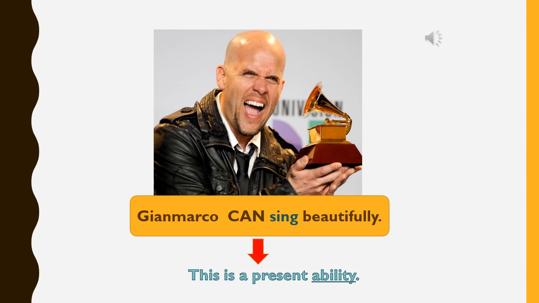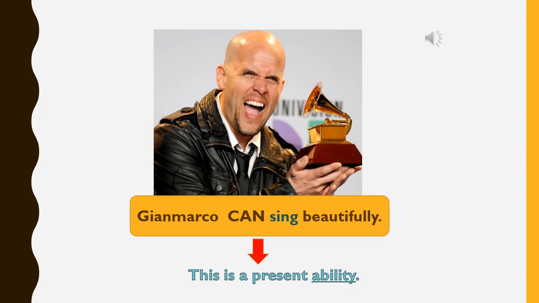Okay, that is different when we use could. Could is a modal verb to express an ability in the past. For example, when I was a girl, I could jump the rope. Cuando yo era niña, yo podía saltar la soga.